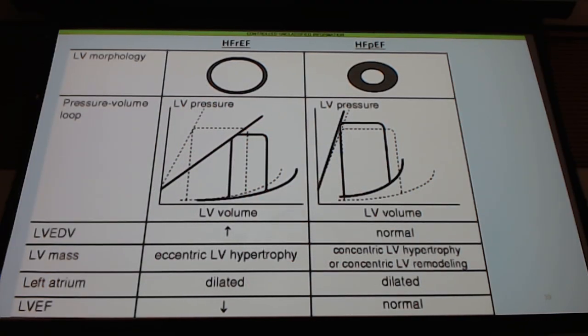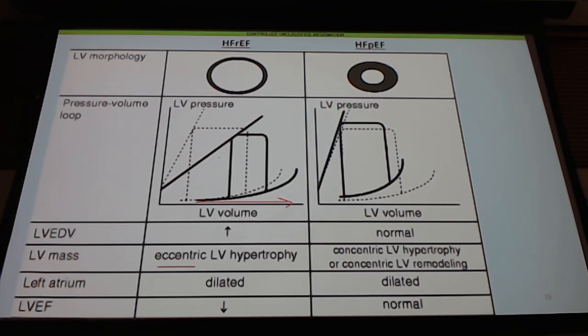And when we look at the pressure loop changes of this, you can see the impact of it. So we said in HFrEF, you have that eccentric hypertrophy, and what ends up happening is I can tolerate a higher preload, so I'm shifting my curve over to the right, but I can't generate that powerful squeeze anymore.